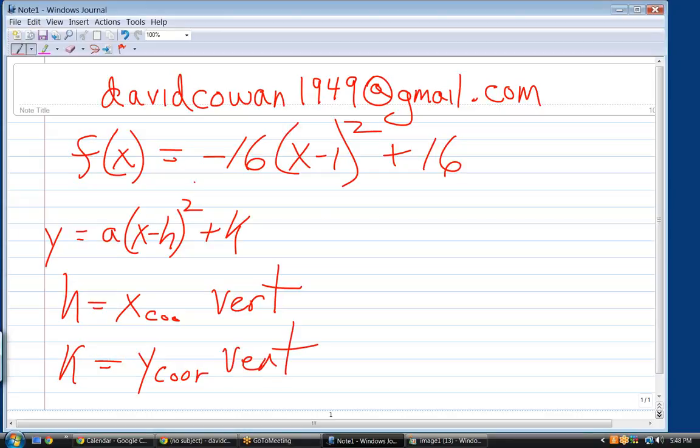So looking at that is our specific parabola. What's h and what's k? Compare that to that. Do you see why h is 1? Yeah, so h is 1, and k is 16.